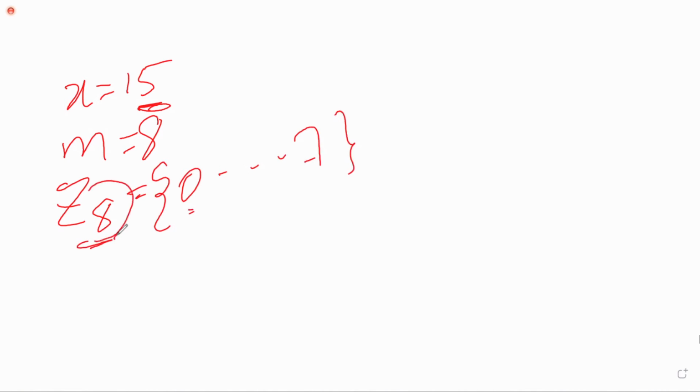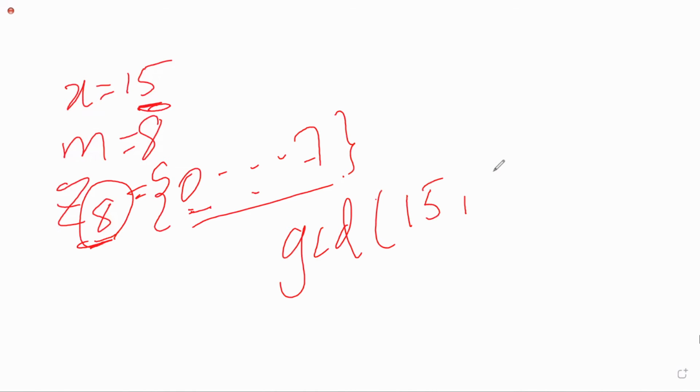If the m value is 8, it gives the values from 0 to m minus 1. So the multiplicative inverse of 15 will be between 0 and 7. Whenever the GCD of 15 and 8 is 1, okay, so what is the GCD of 15 and 8?